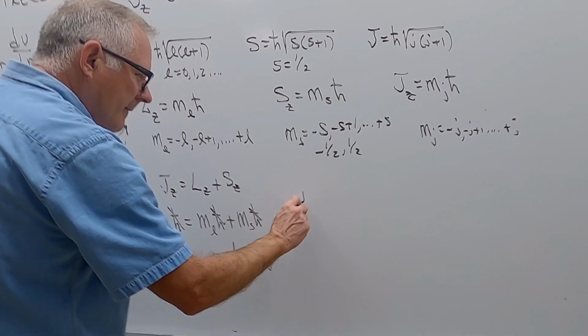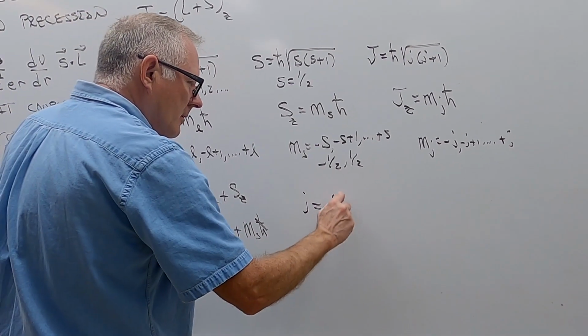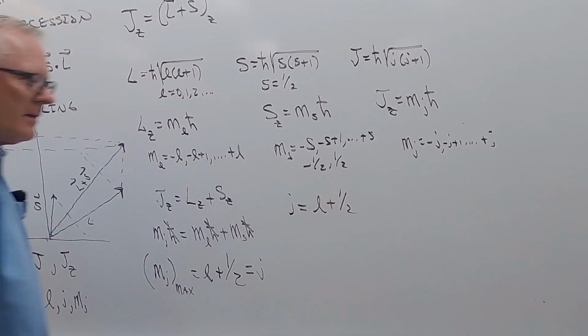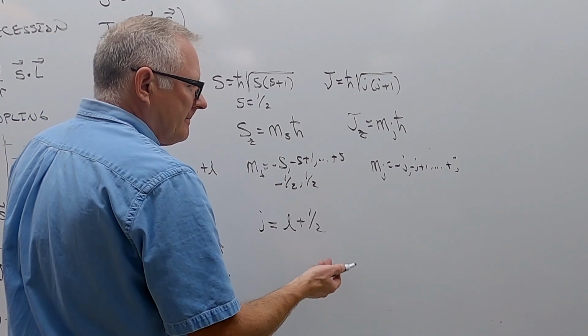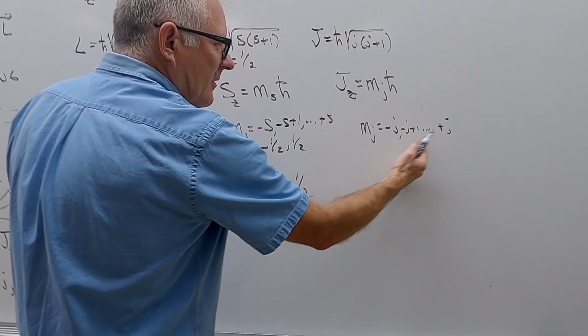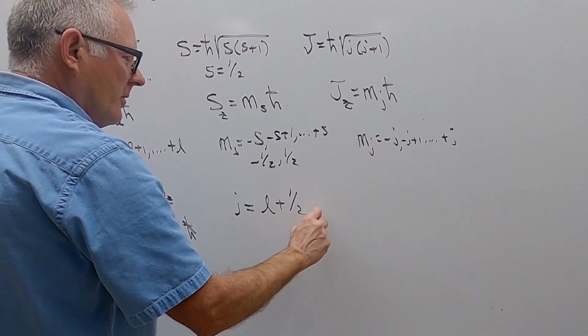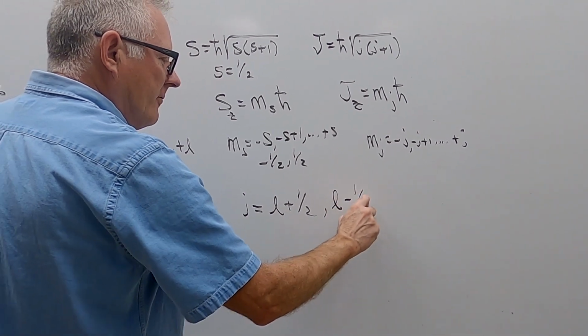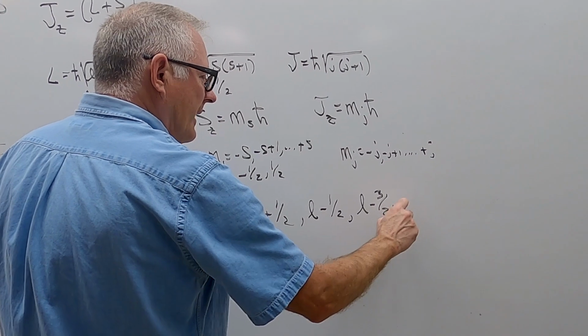J can be L plus 1/2, and then it could be 1 less. Remember, this thing goes down this way, and I don't know how far it goes. So it could be L minus 1/2, L minus 3/2, and so on.